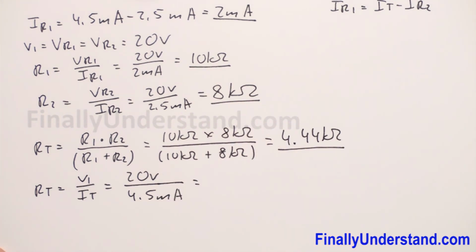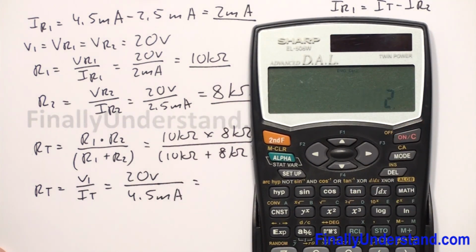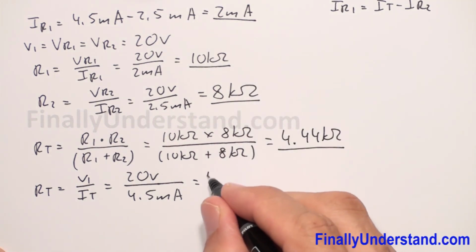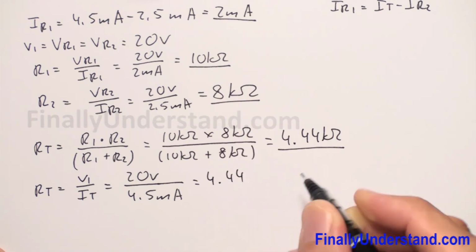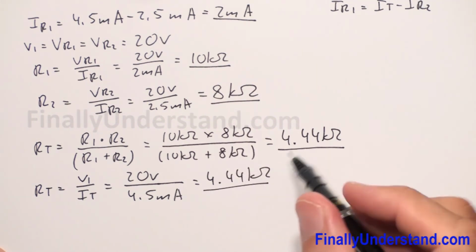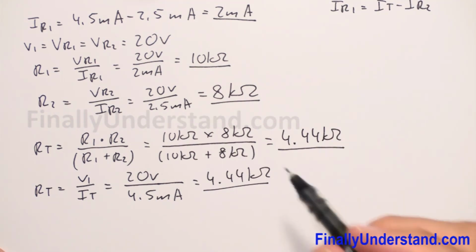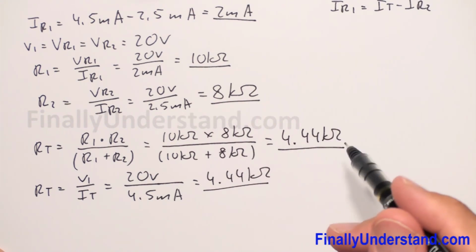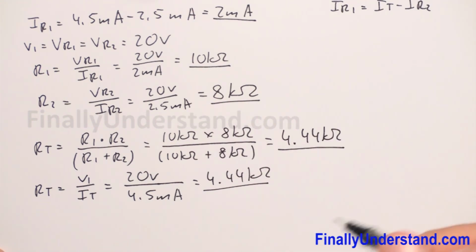This is equal to 20 divided by 4.5 exponent 3 negative. It's equal to 4.44 kiloohms. As you can see, these two values are identical, so it means that all our answers obtained in these calculations are correct. So we can say that the problem is solved.